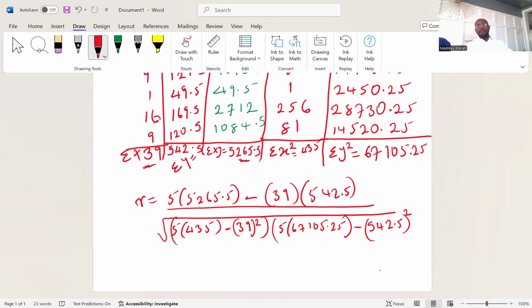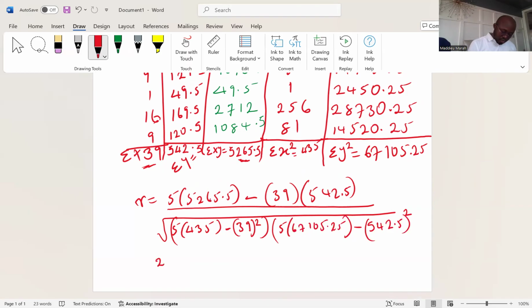So we've done the major part of the question. We've answered 80% of the question. Now we just need to substitute. So if we do 5 times 5,265.5, this will give us 26327.5.